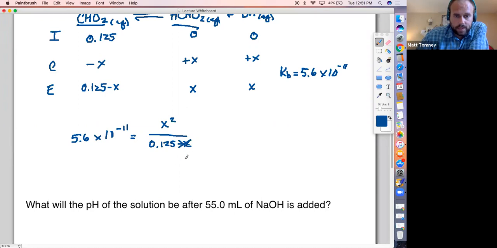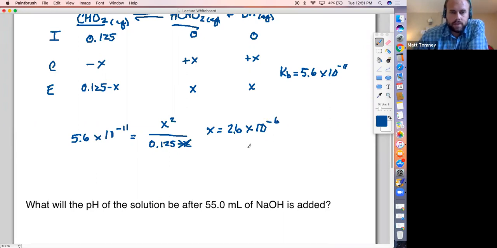We drop the x and assume it's small enough. So I take 5.6 times 10 to the minus 11th, multiply by 0.125, and take the square root. That tells me x is equal to 2.6 times 10 to the negative 6.